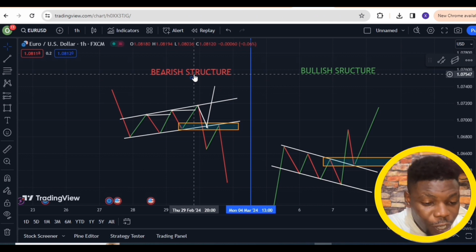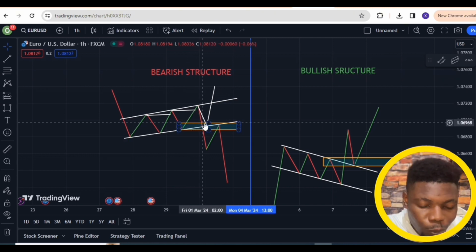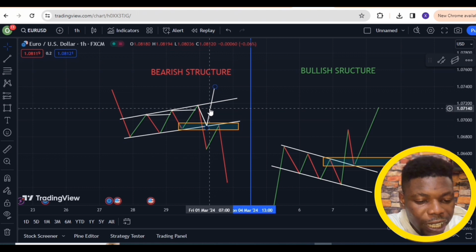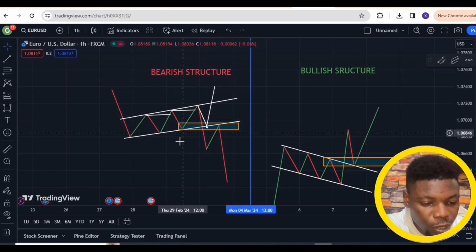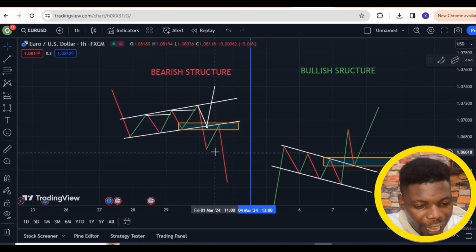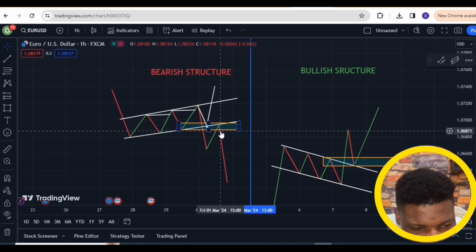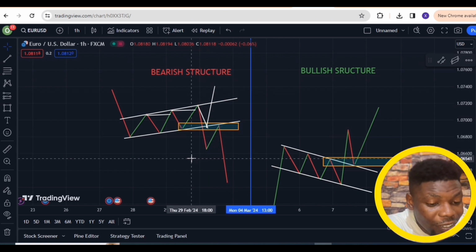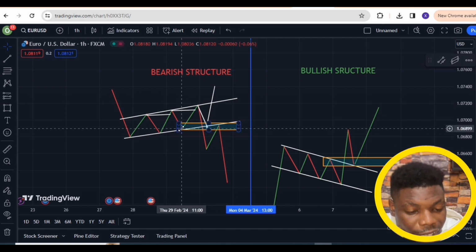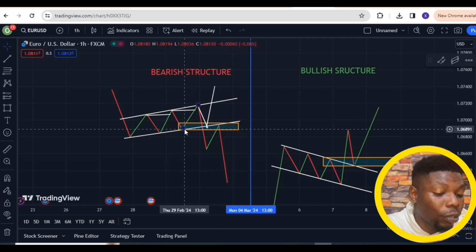Now we can figure out that these guys are just playing mind games here, and this is not a real demand zone that will push the market up. Knowing that, we wait for the market to break this low. Then we wait for the market to come back and retest two things: one, the trend line, and two, the last demand zone that it broke, the breaker block.